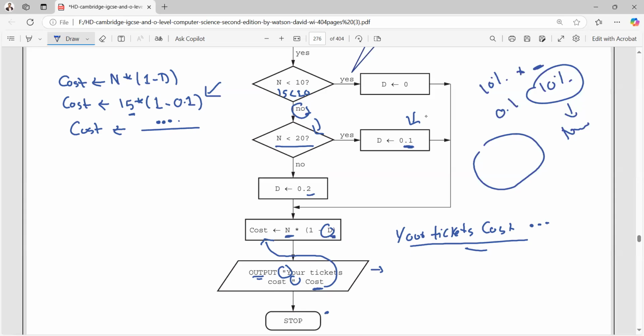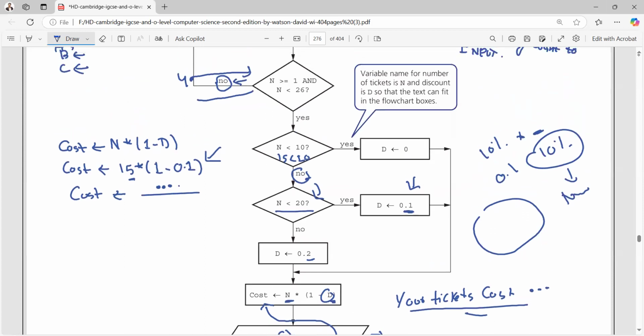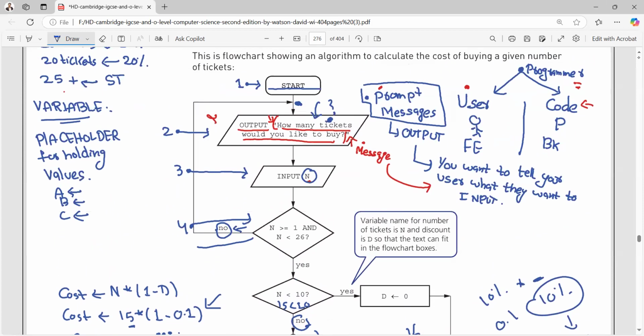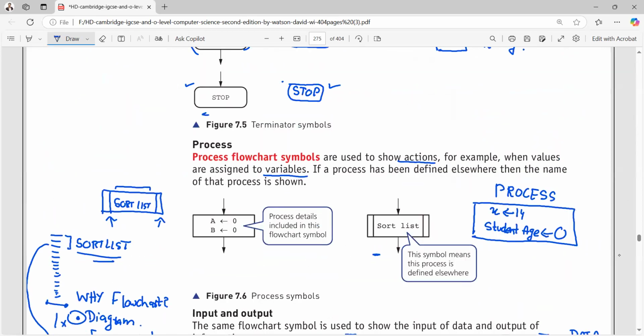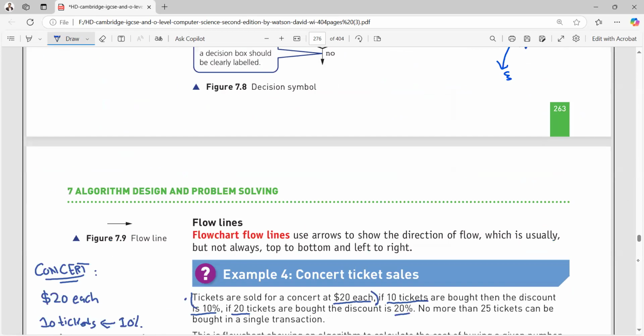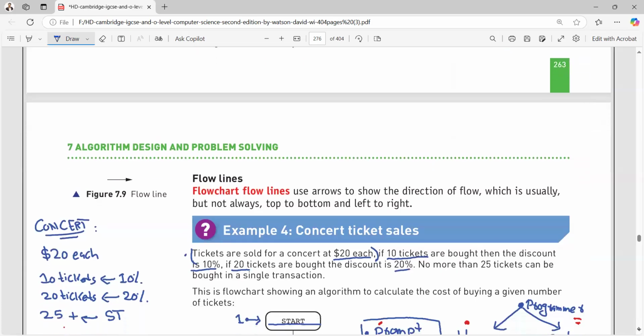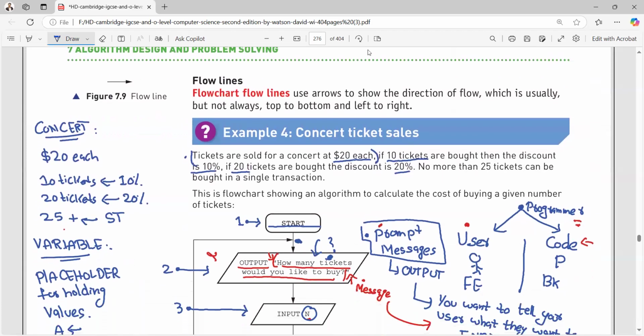It is already given in the question that you can calculate the cost by this formula. You don't need to get into why they have given you this formula. It's just a way that you are calculating it.